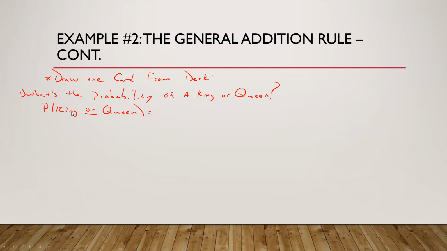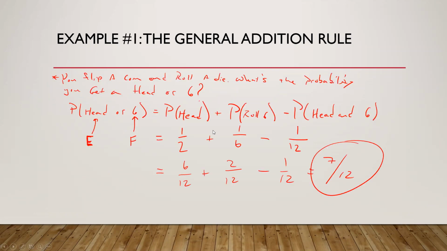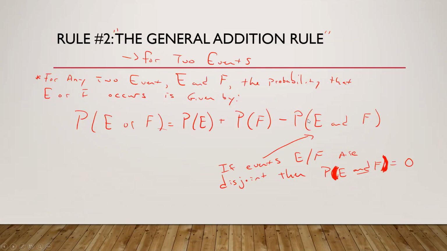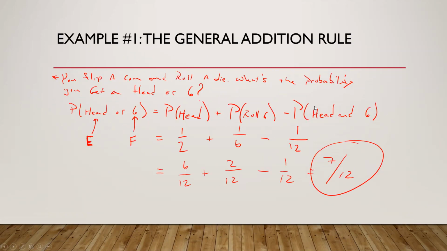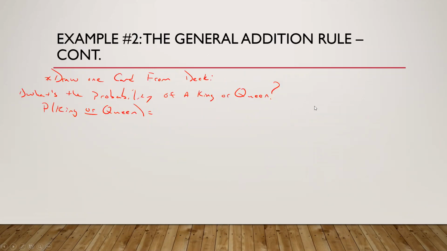So just using my formula, this is my event E, and this is my event F. So I'm just going to straight up write this formula here. It's the probability of a king plus the probability of a queen minus the probability that it's a king and queen, which seems weird.